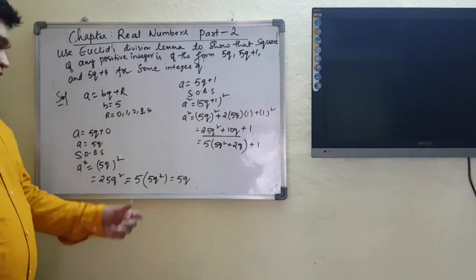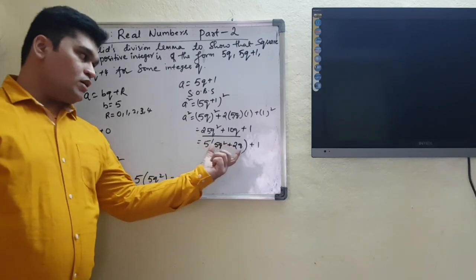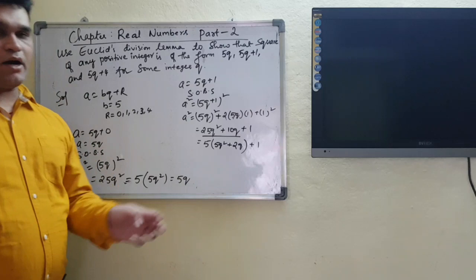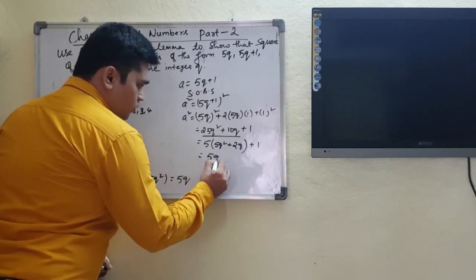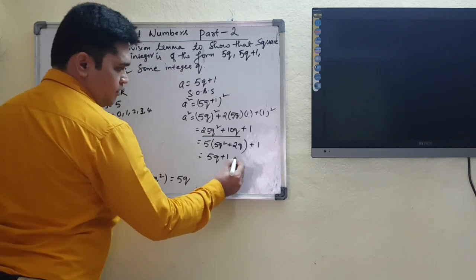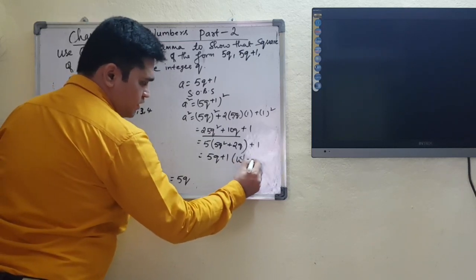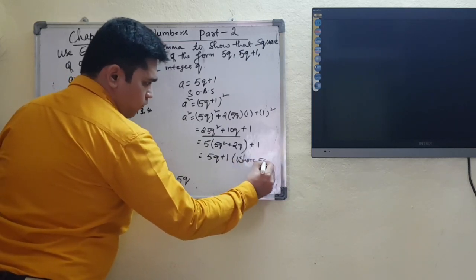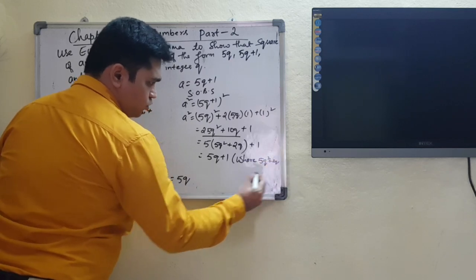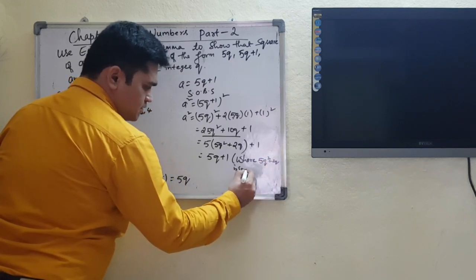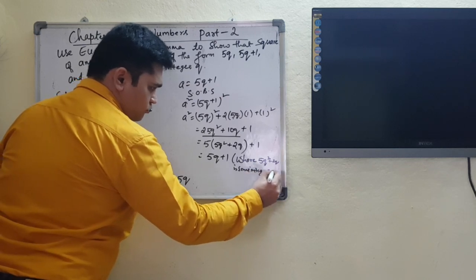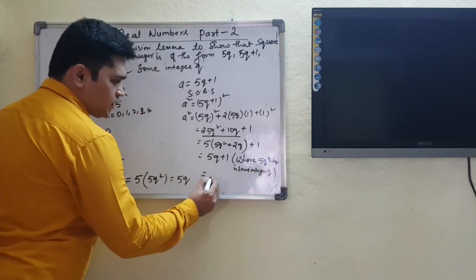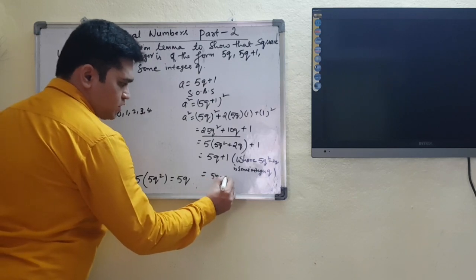So again, as I said earlier, whatever terms are in the bracket, you consider them as an integer q. So if I write 5q plus 1, in the bracket, if you want to give a reason, write down where 5q square plus 2q is some integer q. So therefore it is 5q plus 1.